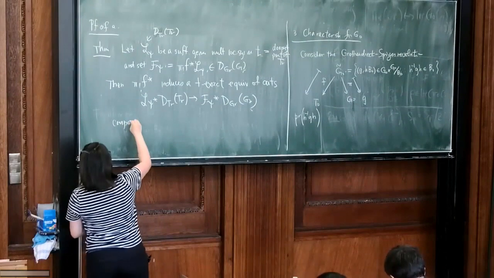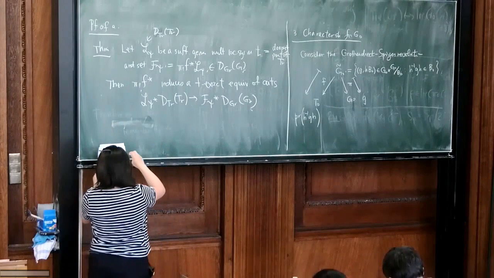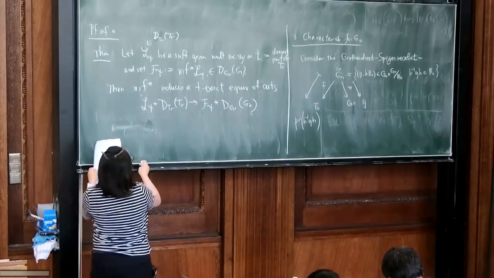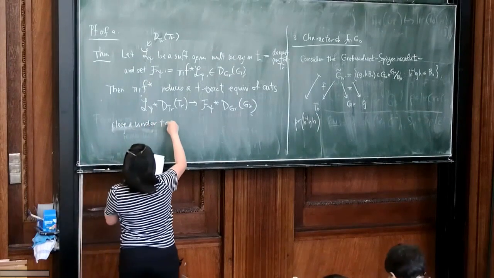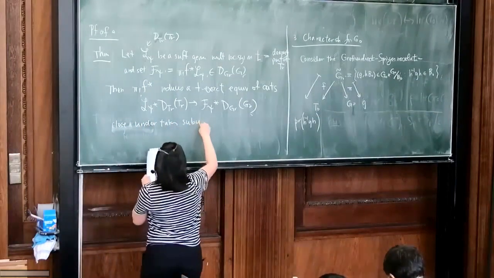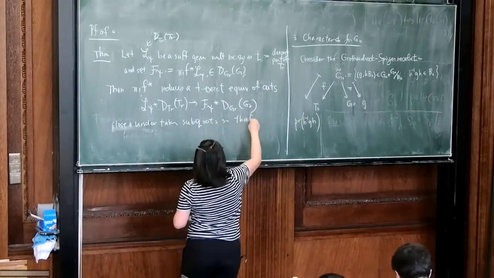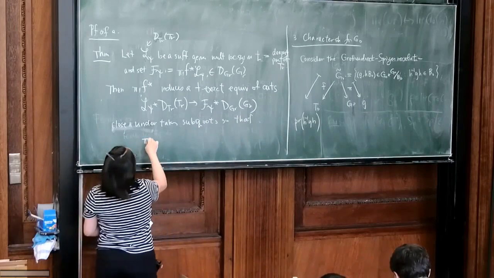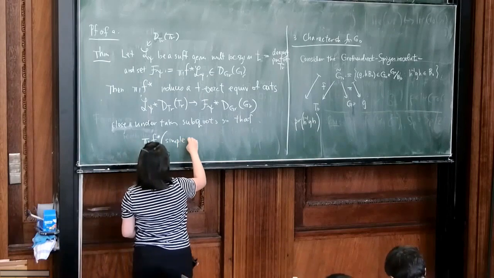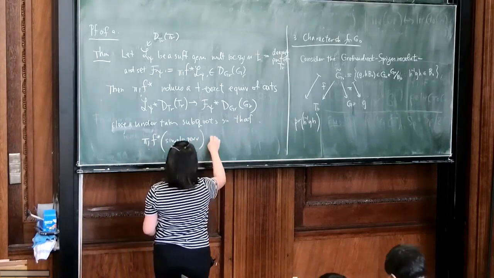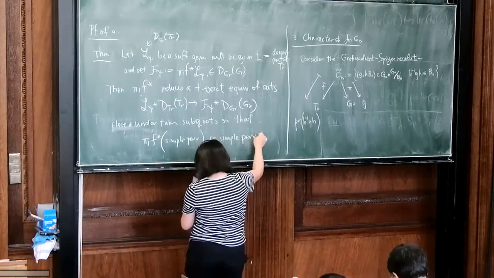compatible, closed under taking subquotients, so that pi of a simple perverse thing is simple perverse.